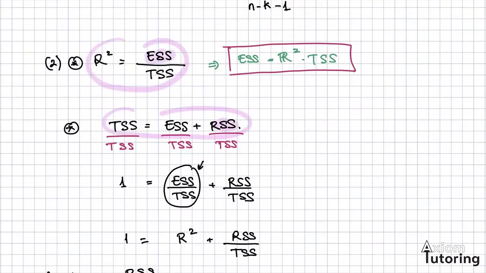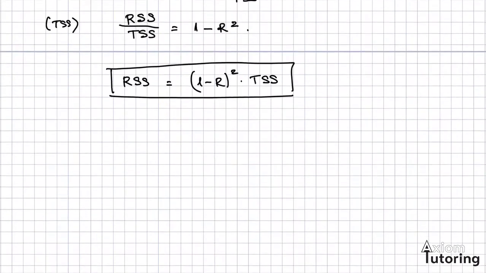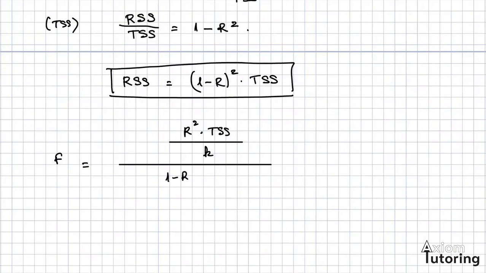Now that we have achieved that, we can write our F statistic as the ratio of R squared times TSS divided by k, and then we're going to have 1 minus R squared, all of it multiplied by TSS, divided by n minus k minus 1.